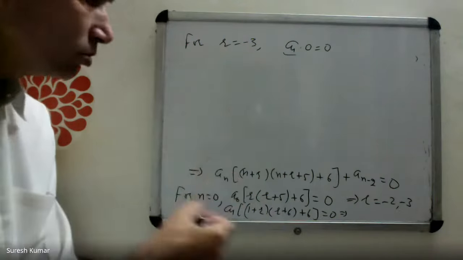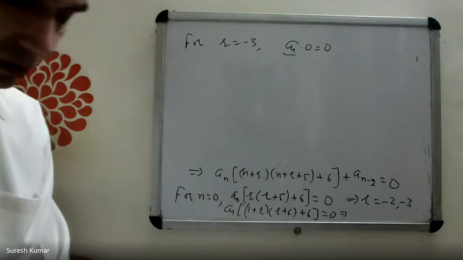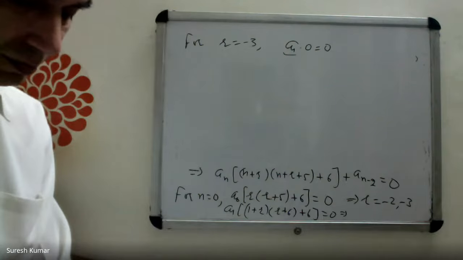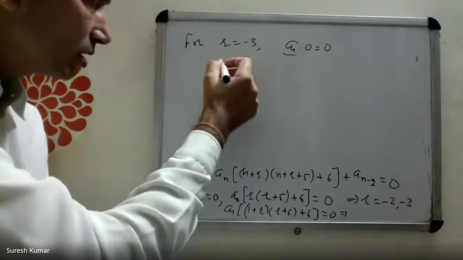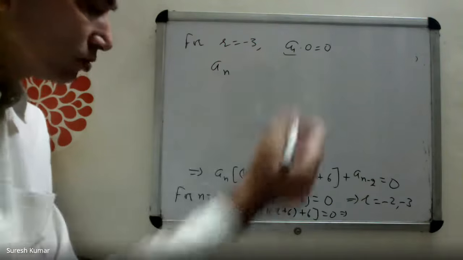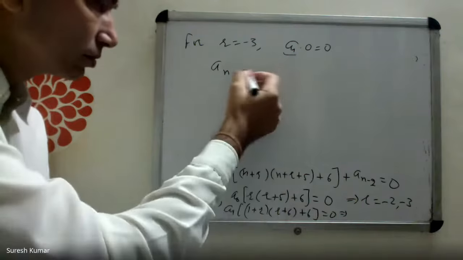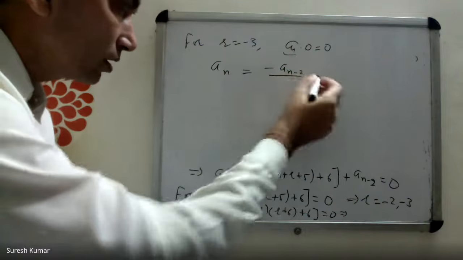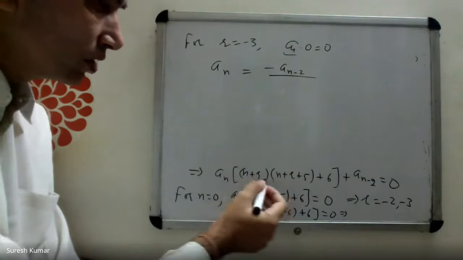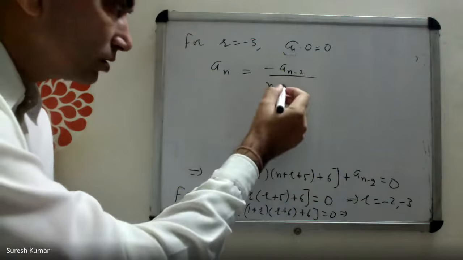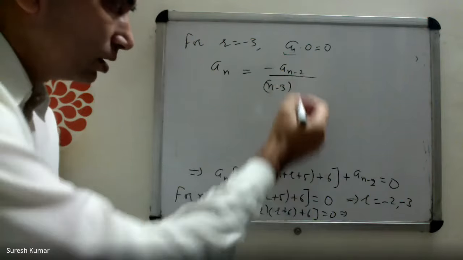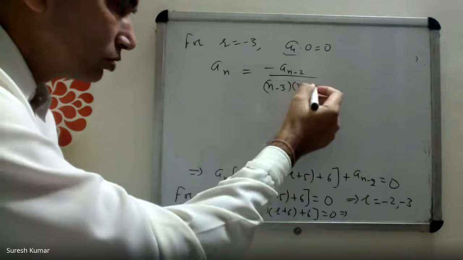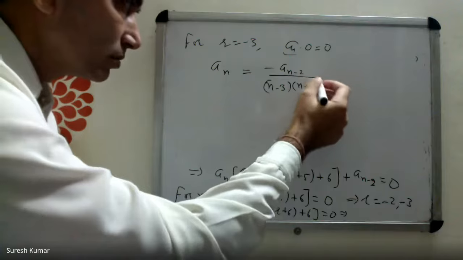Corresponding to r equal to minus 3, write your recurrence relation. What is the recurrence relation corresponding to r equal to minus 3? You have minus an minus 2 over, for r equal to minus 3, n minus 3 into n plus 2 plus 6.